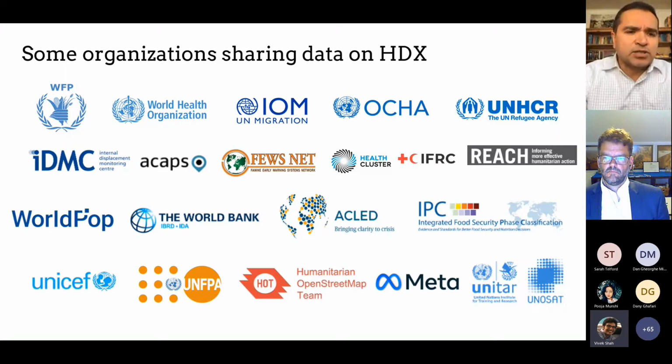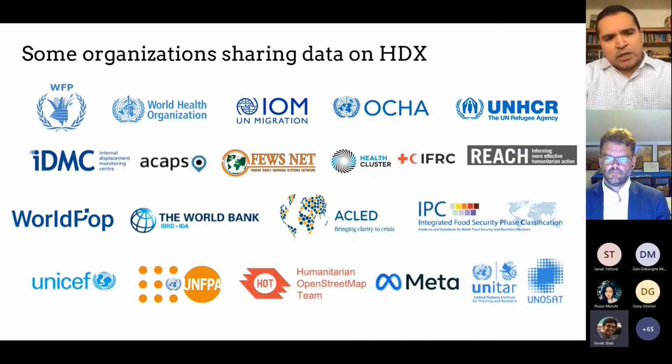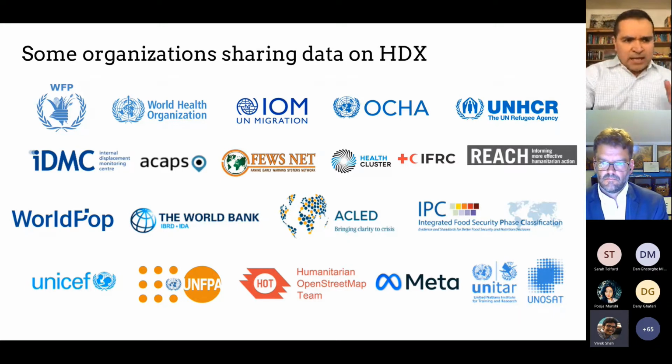And this data is being transferred to HDX via API. As soon as the data is ready, validated, and curated in WFP, it's shared to HDX and available for our community. WHO is also sharing a bunch of data sets from health facilities, but also data about the crises that are in the world.